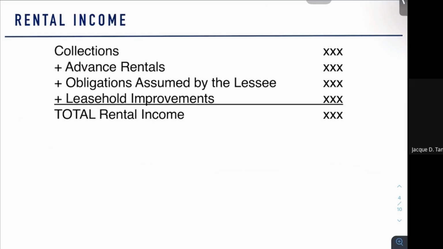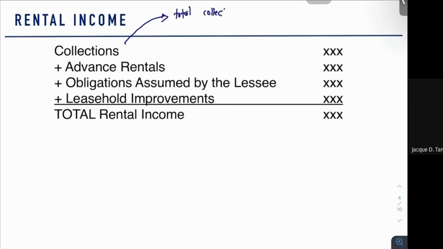What composes your rental income? Your rental income is composed of the following items. First, your collections. Then we have your advanced rentals, then your obligations assumed by the lessee and your leasehold improvements. Let's look first into your collections. Your collections is your total collections.